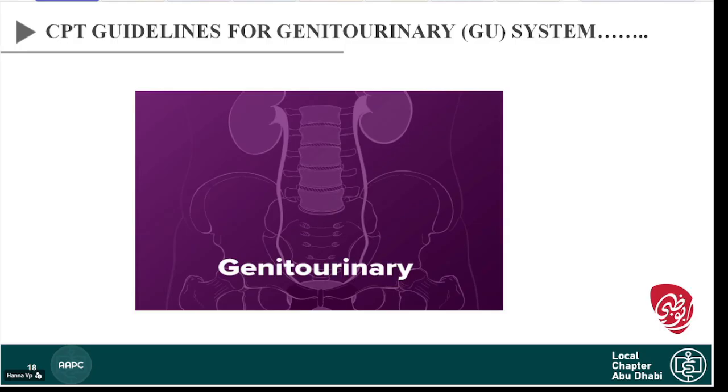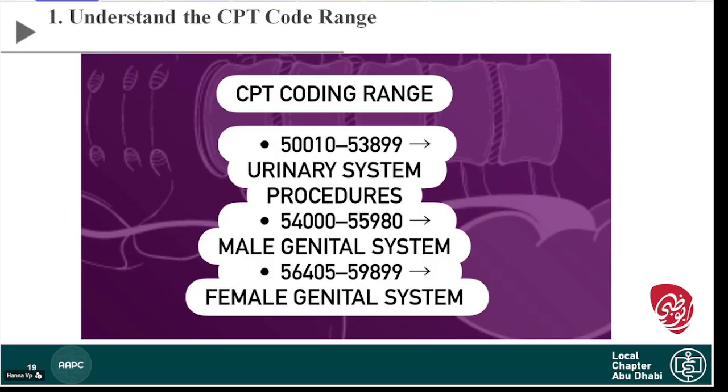First of all, understanding the CPT code range. Before taking the codes, let's see the code range of the urinary, male reproductive and female reproductive systems given here. The urinary system, male and female are given in different code ranges, but all start with the 5 series.